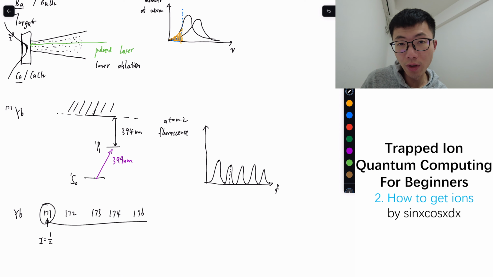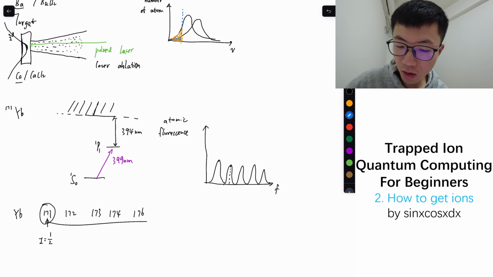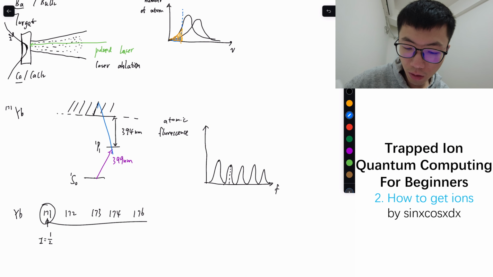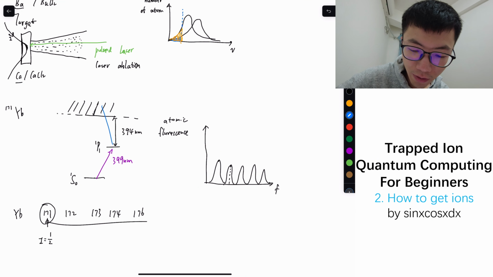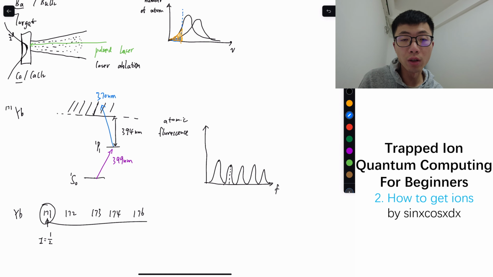And then for the second ionization process, we can use any laser which has a wavelength shorter than 394 to ionize the Ytterbium-171. Typically, we just use 370, because we use this for the cooling.